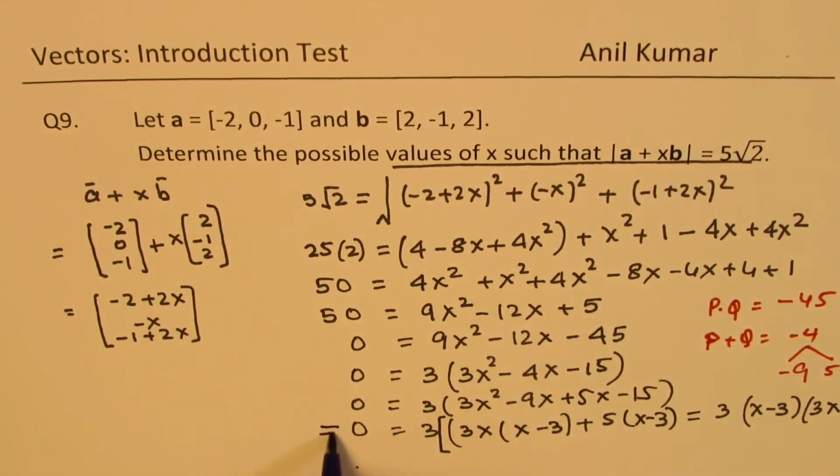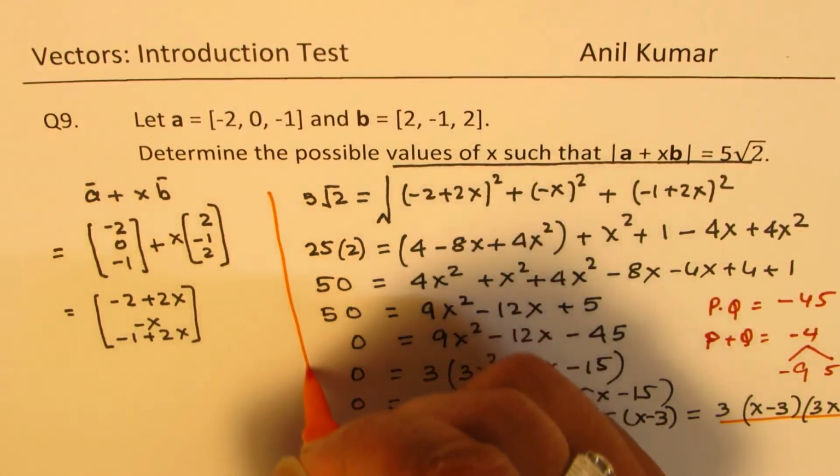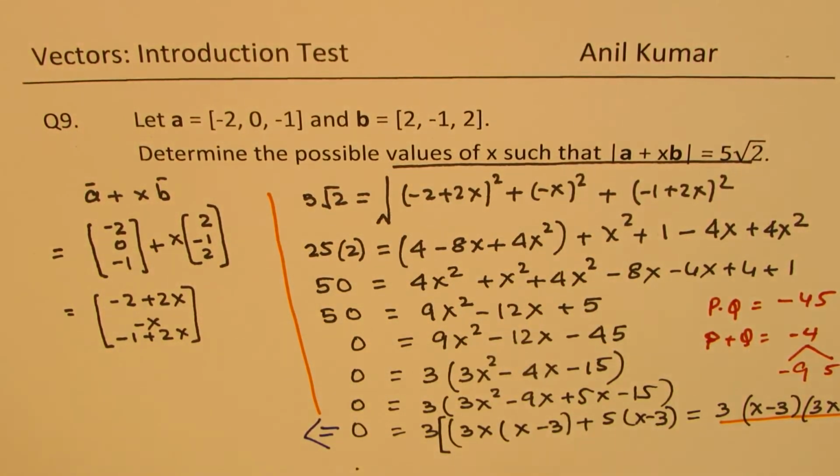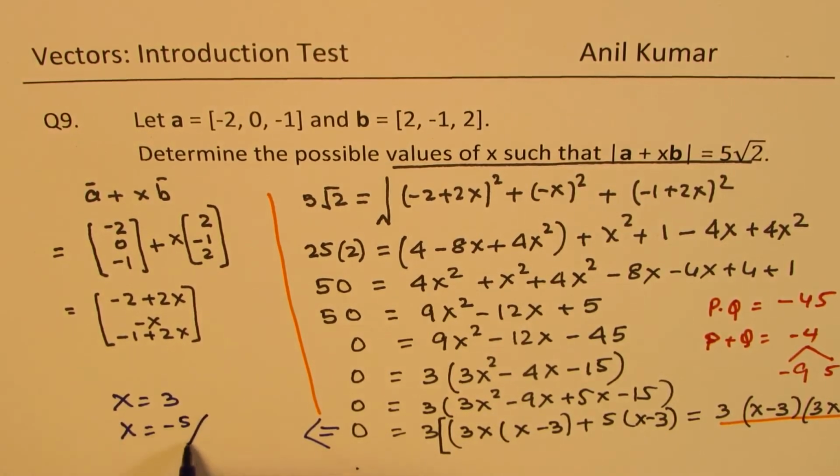So this implies that the value of x, which we can find from here, is x equals 3 and x equals minus 5 over 3, right?